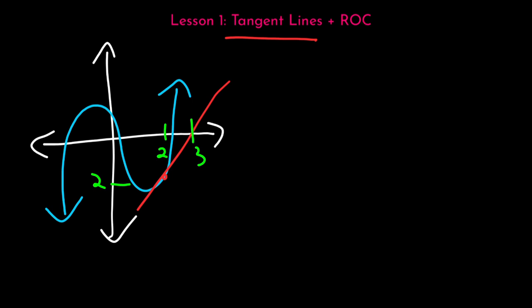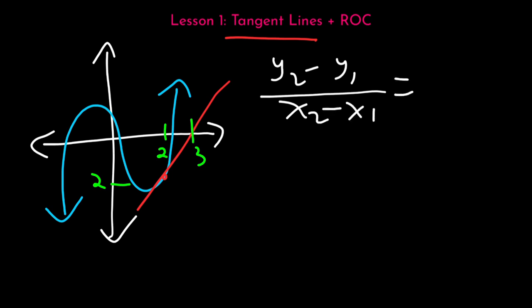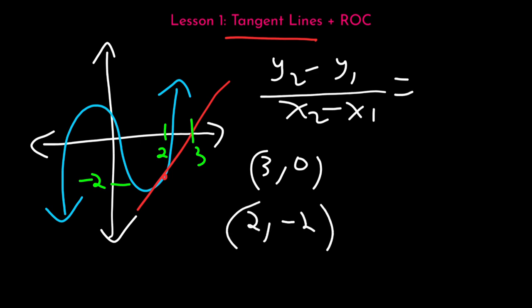So our rate of change is going to be y2 minus y1 over x2 minus x1, which is going to translate in our function as, here let's get 2 points first. It's going to be 3 comma 0 is our second pair of coordinates, and 2 comma negative 2 is our first pair of coordinates, right?